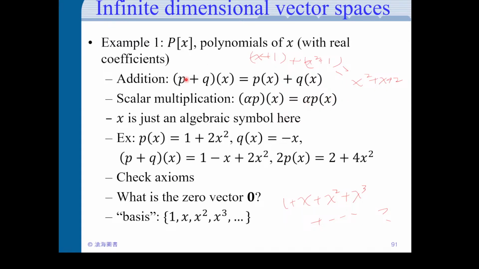Okay. And a thing to emphasize here is that when we think about this vector space of polynomials, we think of a polynomial as a symbolic expression about x. So x is just an algebraic symbol here. This is an important concept. You don't ask what x is here. x is a symbol, and a polynomial is a symbolic expression about x.